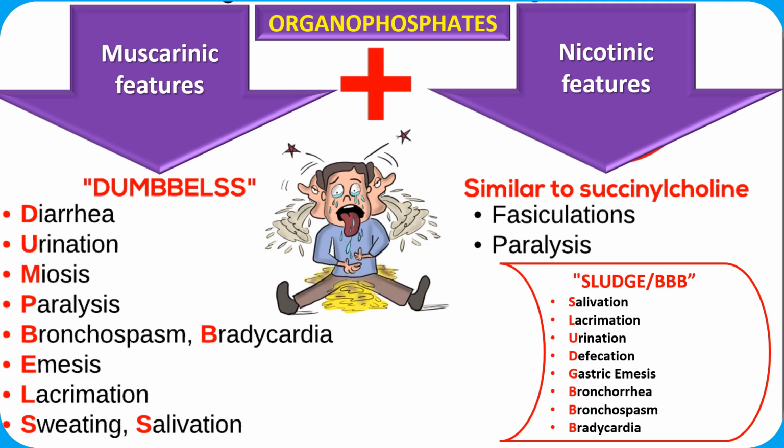It's imperative to acknowledge, however, that these mnemonics do not encompass the critical central nervous system and nicotinic effects of toxins. The nicotinic effects are characterized by fasciculations, muscle weakness, and paralysis, which occur due to the stimulation of acetylcholine receptors at the neuromuscular junction.